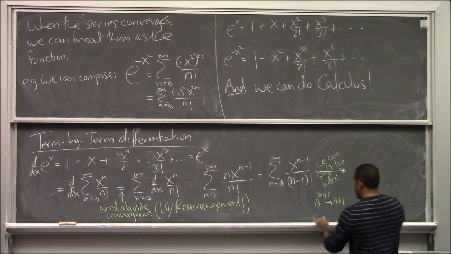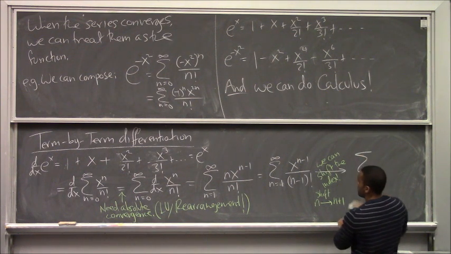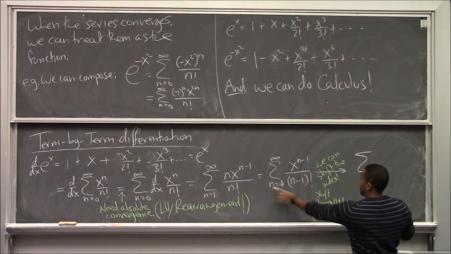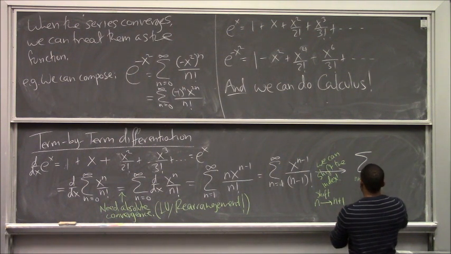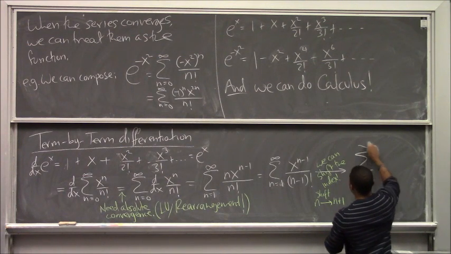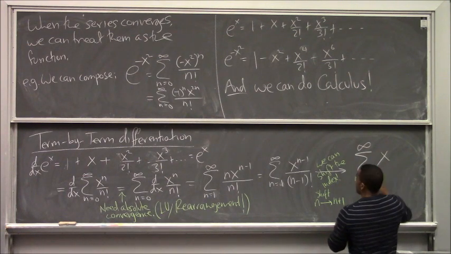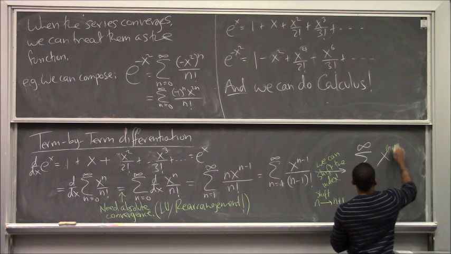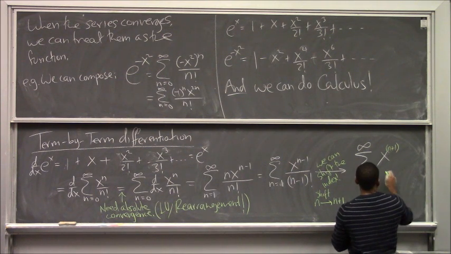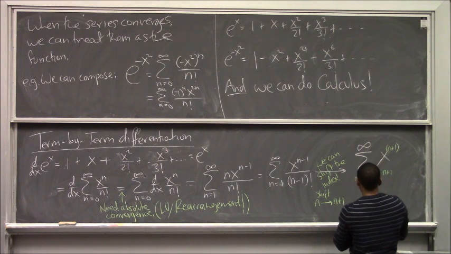So I can go through and change all the n's in the series to n plus 1s. Wherever I see this n, I can change it to n plus 1. Over here, I see that n, I can change it to n plus 1. And over here, I can change that n to n plus 1.